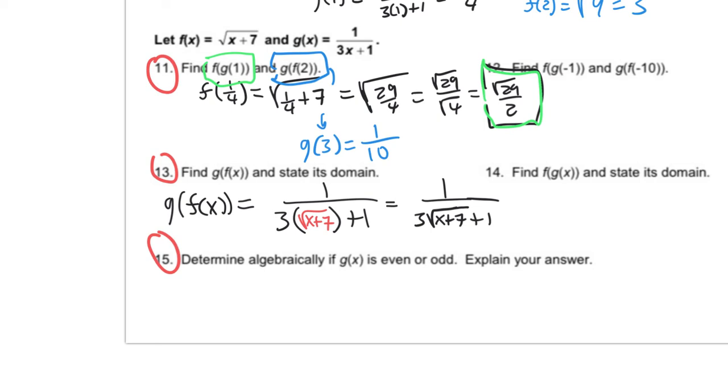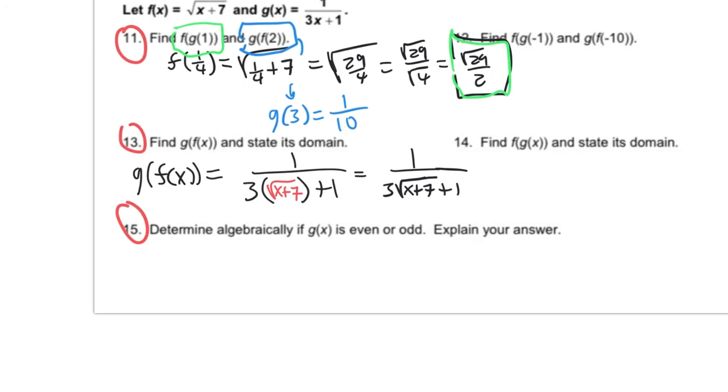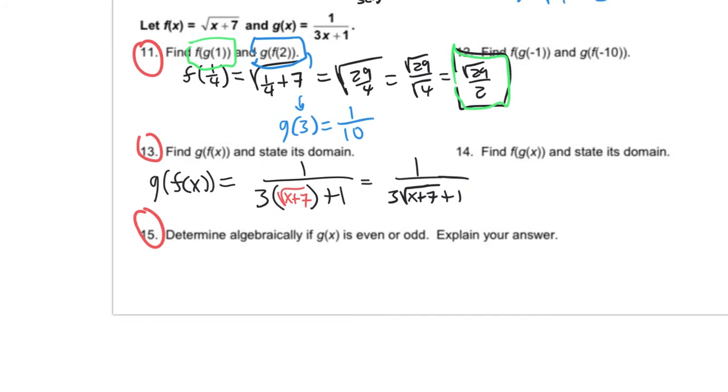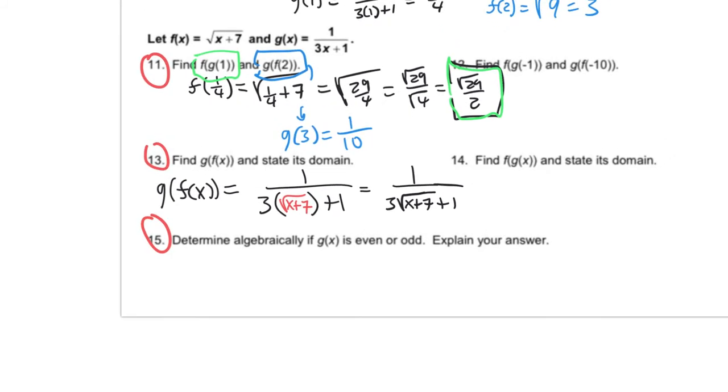Okay, looking at determining algebraically if g of x is even or odd. Well, g of x is right here, and I'll write it. Now, if you want to find out if something's even or odd, you've got to apply a particular test, and that test is to see what happens if you plug in -x instead of x.